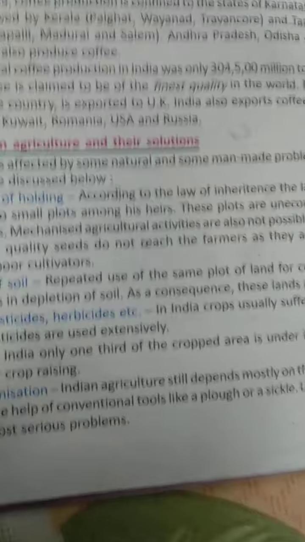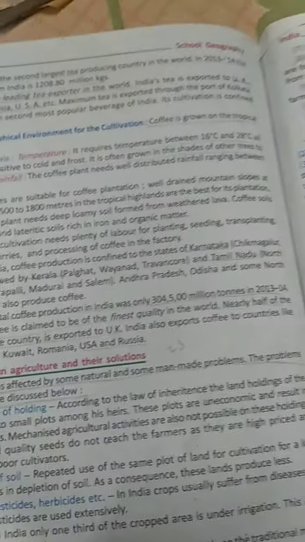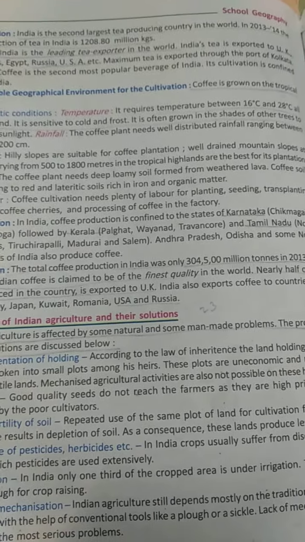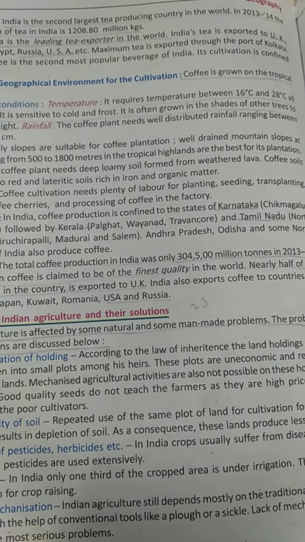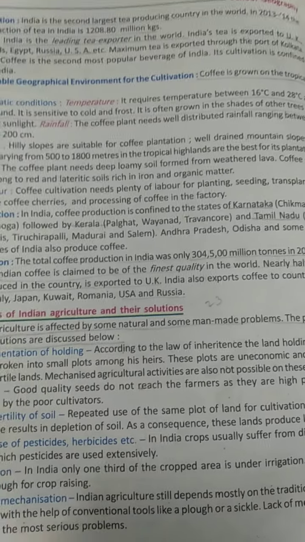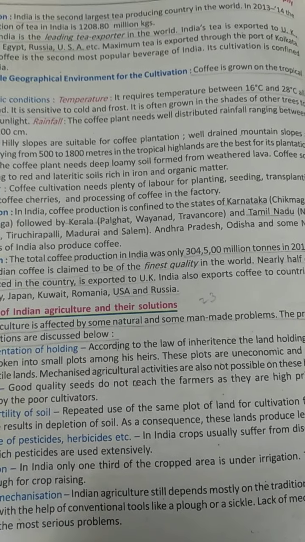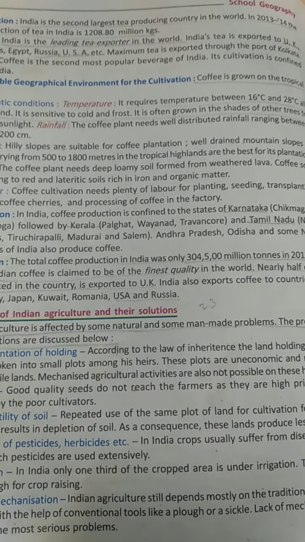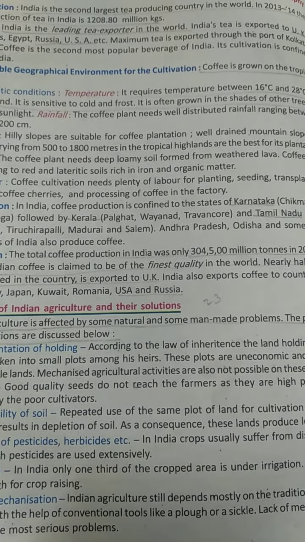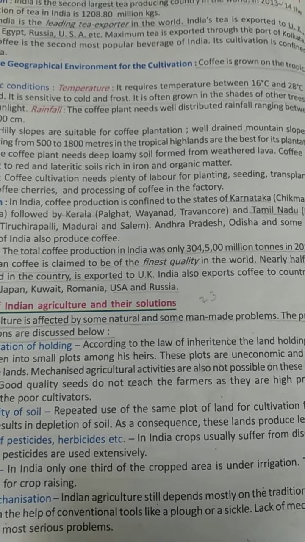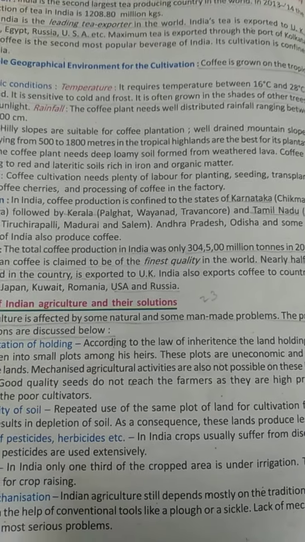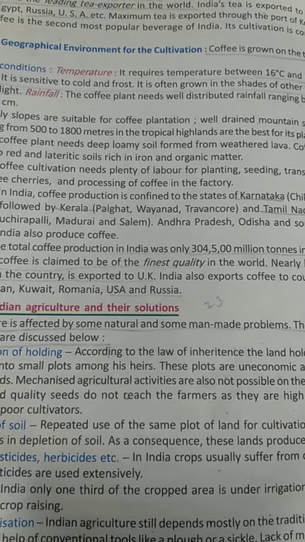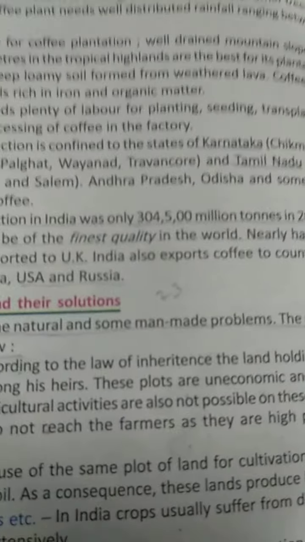In the production of tea, India is the second largest tea producing country in the world. It produces about 1208.80 million kgs of tea. India is the leading exporter of tea in the world. It exports tea to UK, Netherlands, Egypt, Russia, USA. Maximum tea is exported through the port of Calcutta.